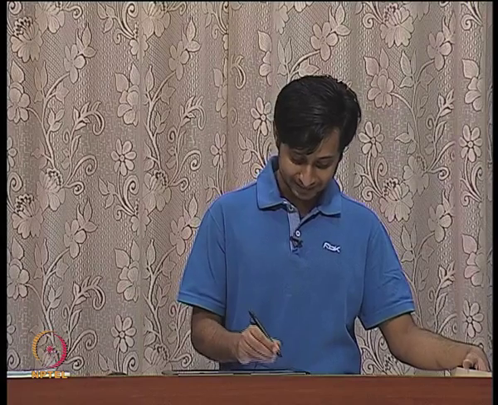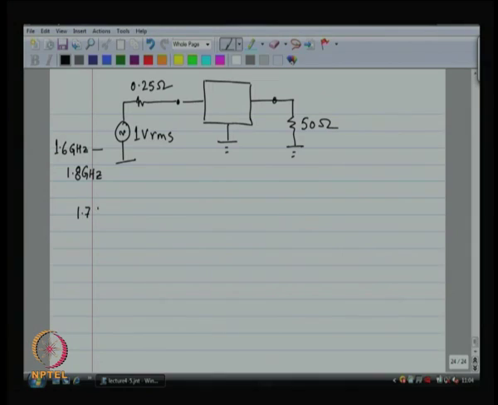So, my center frequency is 1.7 gigahertz at which I want a perfect match. Okay. At the other frequencies it will not be a perfect match, but you will be doing quite well, fine.